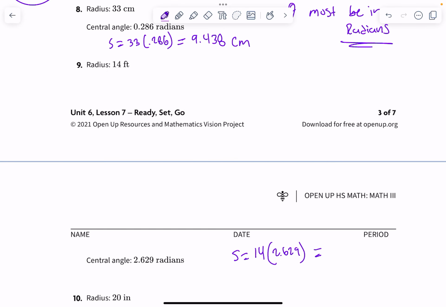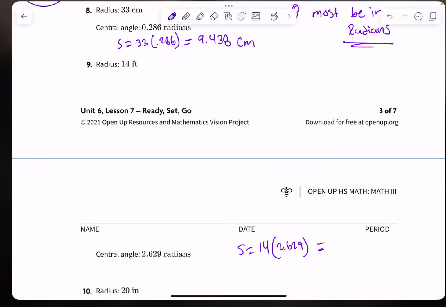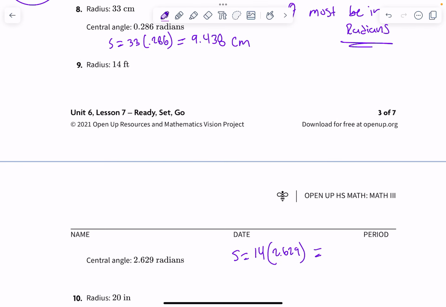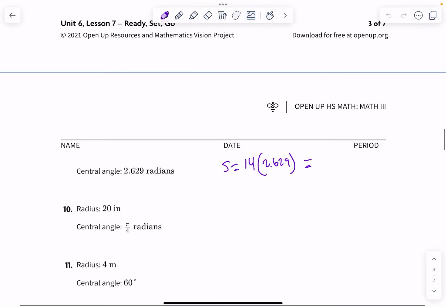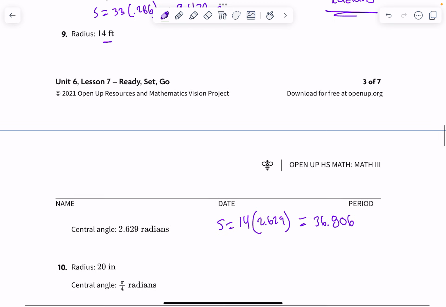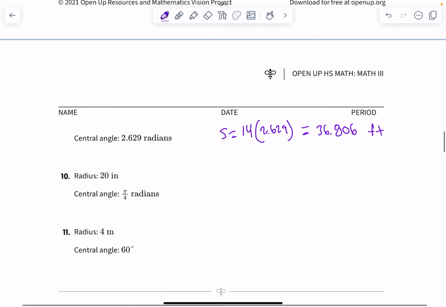So what is happening? Oh, this is frozen. So 36.806 feet. This is feet. So we use feet. Okay.